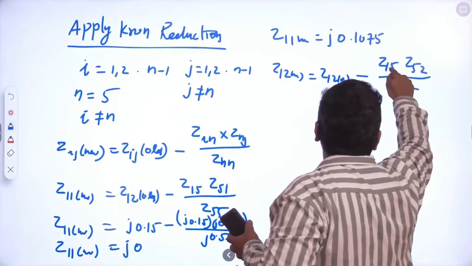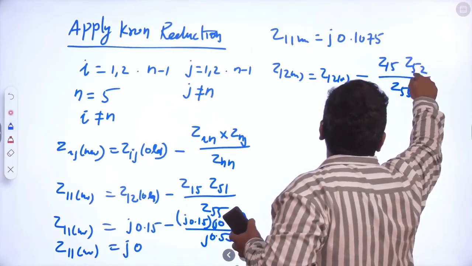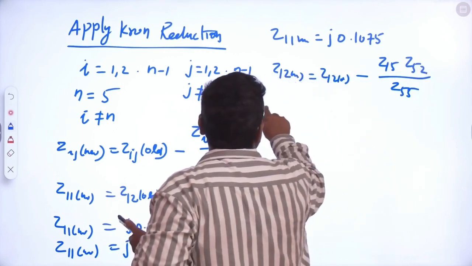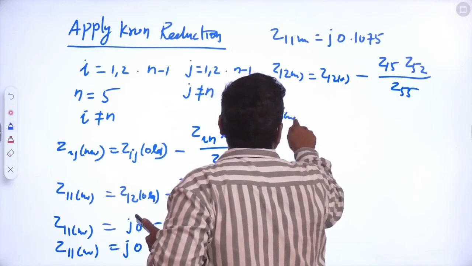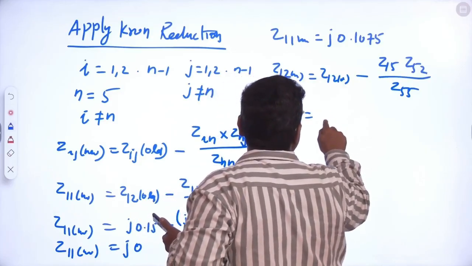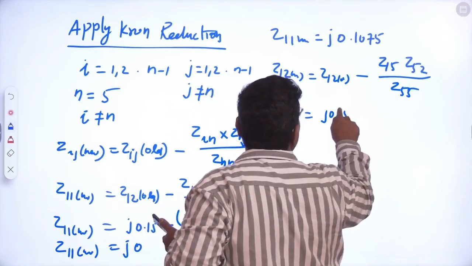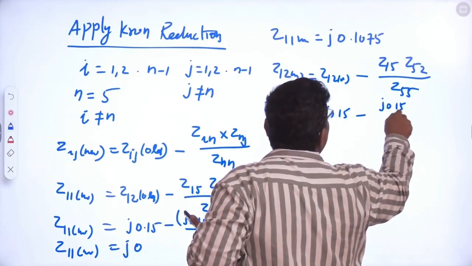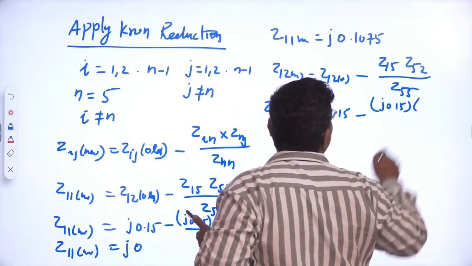So Z12 new equals Z12 old, the same 0.15, minus Z15, 0.15, into Z52.